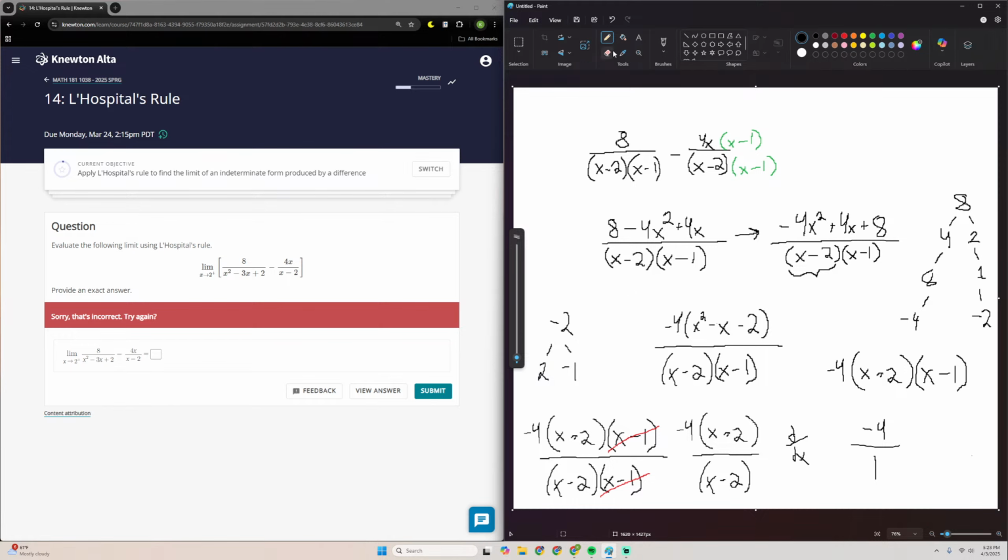I guess this one's supposed to be negative and this one's supposed to be positive. Negative, positive. This will cancel out instead the x minus 2. This is all wrong.